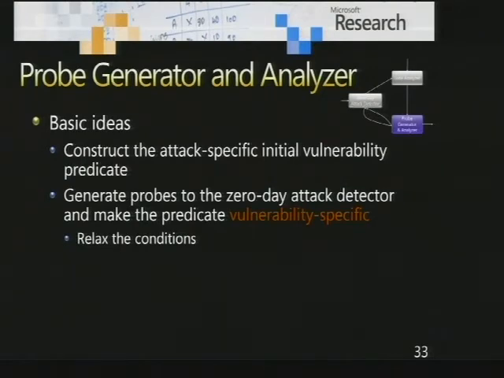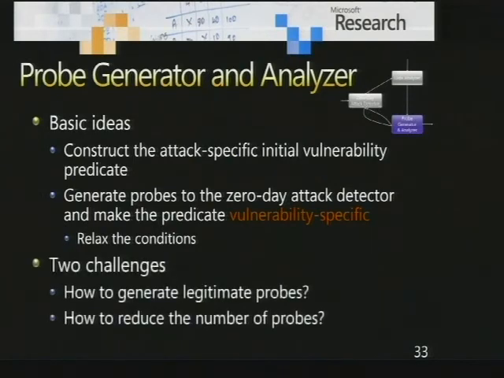Then the next step is we generate probes to the zero-day attack detector to make the predicate vulnerability specific. In other words, we try to relax the conditions we have in the initial vulnerability predicate. We face two challenges when we construct the probes. First is how to generate legitimate probes. The second is how to reduce the number of probes.